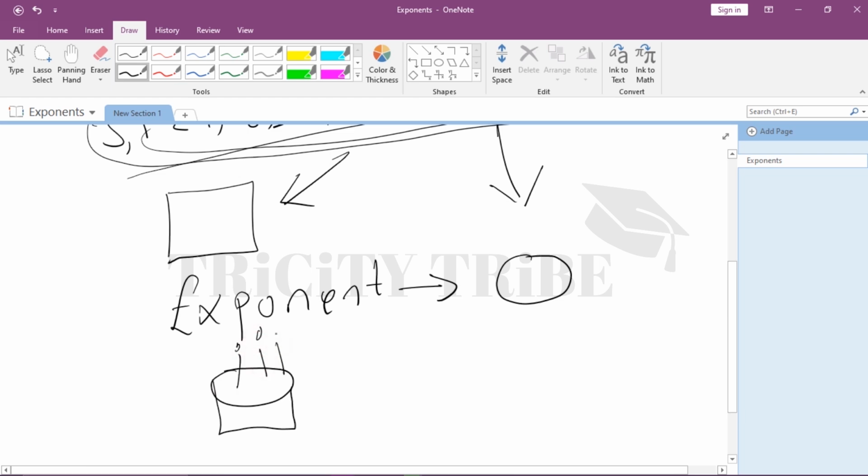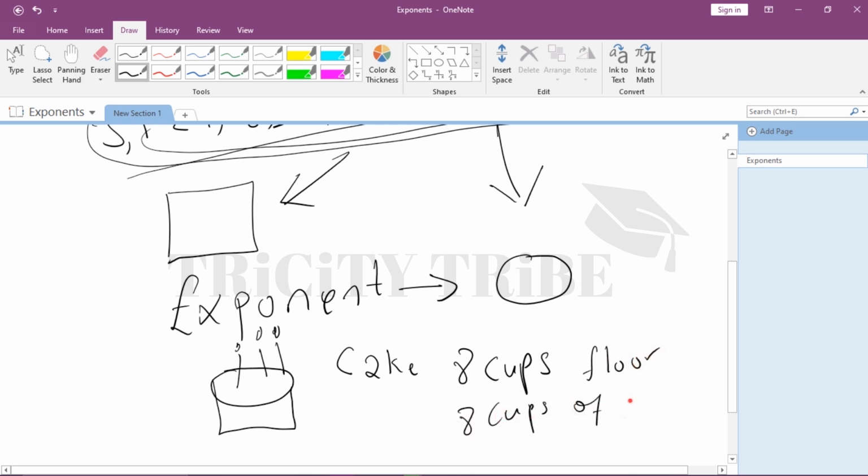Now in making cakes, let's say you are to make use of 8 cups of flour, or let's say 8 cups of sugar.